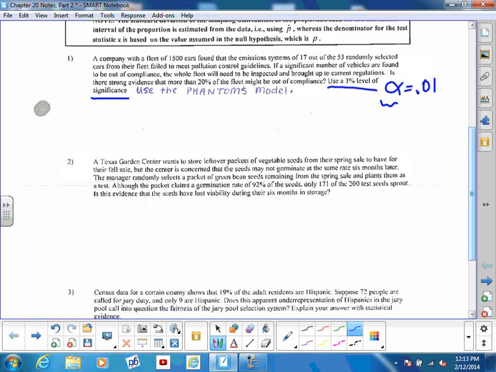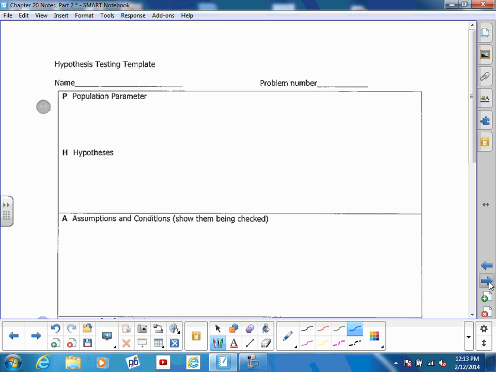So they are defining for you what type of probability is going to be considered significant. If they don't tell you this level of significance, you go with 5% as kind of the standard. All right, so if you're not exactly sure what I'm saying there, just hold tight. You'll see how that plugs into when we do the problem, which we will do with a complete hypothesis testing template. So turn there and let's do problem number one.